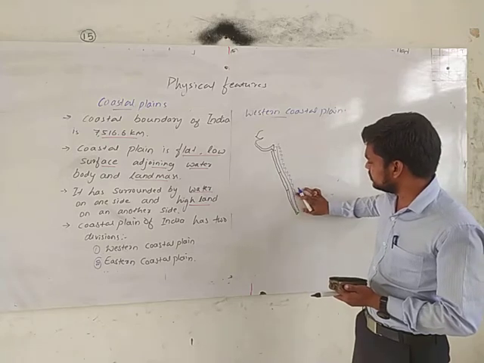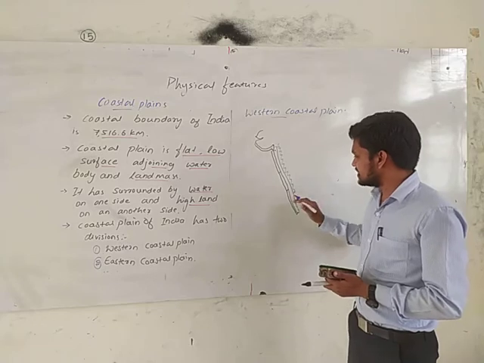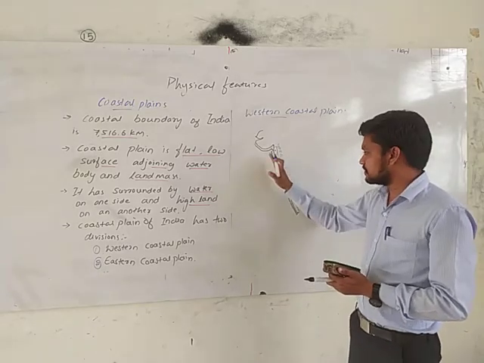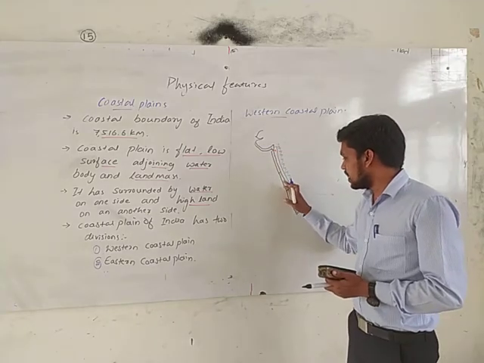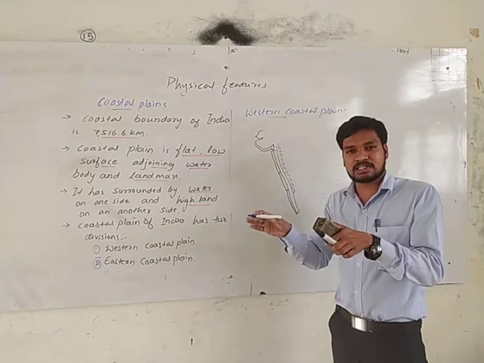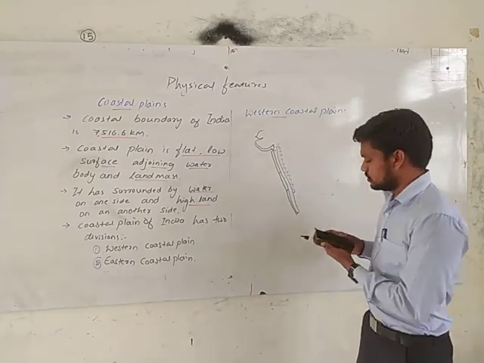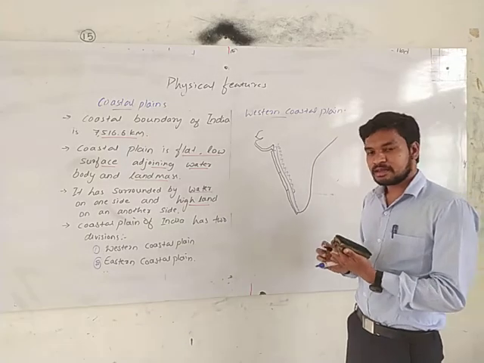We have a continuous connection of mountain ranges here in the western part. So it lies between the Western Ghats and the Arabian Sea. This plain is formed as a submerged feature. So here in the western part we have the western coastal plain.